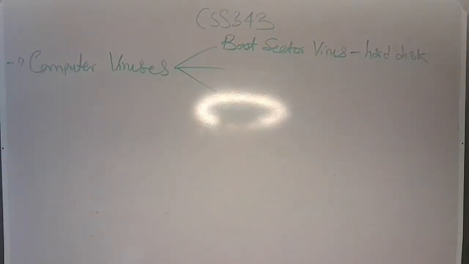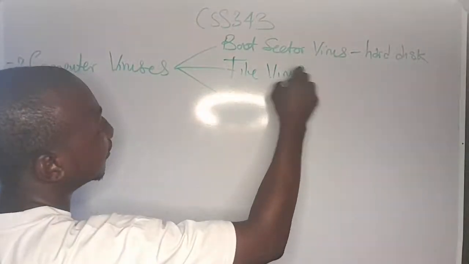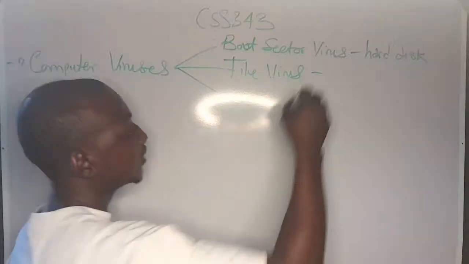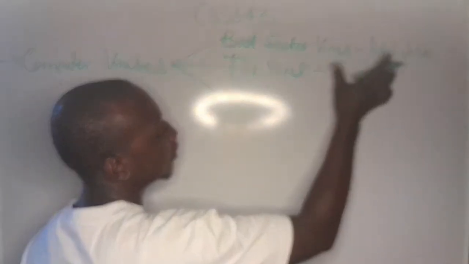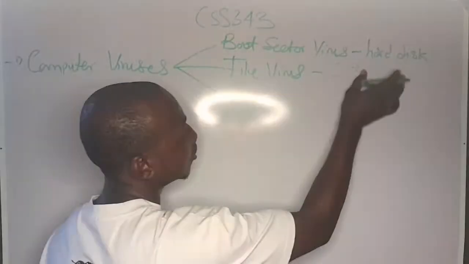And we also have file viruses. File virus, just like it says, comes through the file. These executables then spread the virus by infecting your documents. So this comes through your file, which is more like a program.